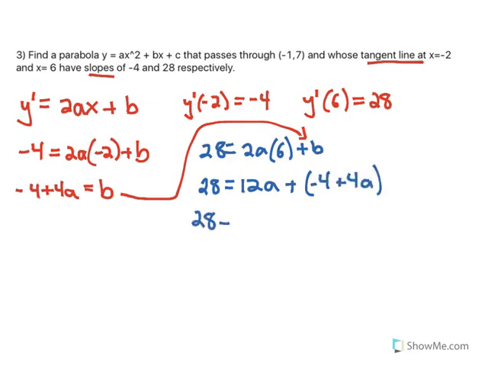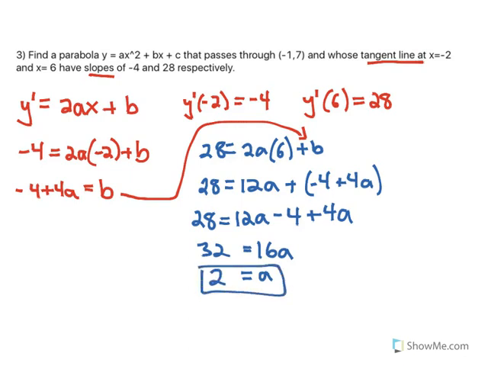So I get 28 equals 12a minus 4 plus 4a. 16a equals 32. So a must equal 32 over 16 is 2. My a is 2. Sub this back in here and I get b equals -4 plus 4 times 2 for a. And so b equals 4.